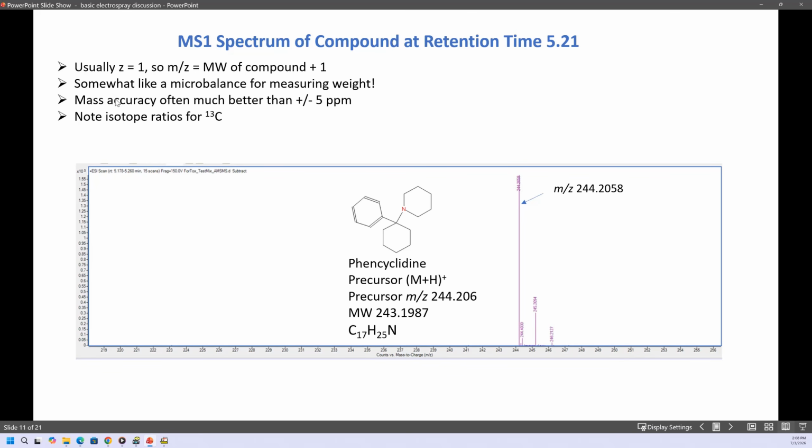The mass accuracy is often much better than plus or minus 5 parts per million. And note the other information present, the isotope ratios for C13. So this is all C12 at 244.2058. But if you go over approximately one mass unit, that'll be for the molecule, or the group of molecules, that contains C13.